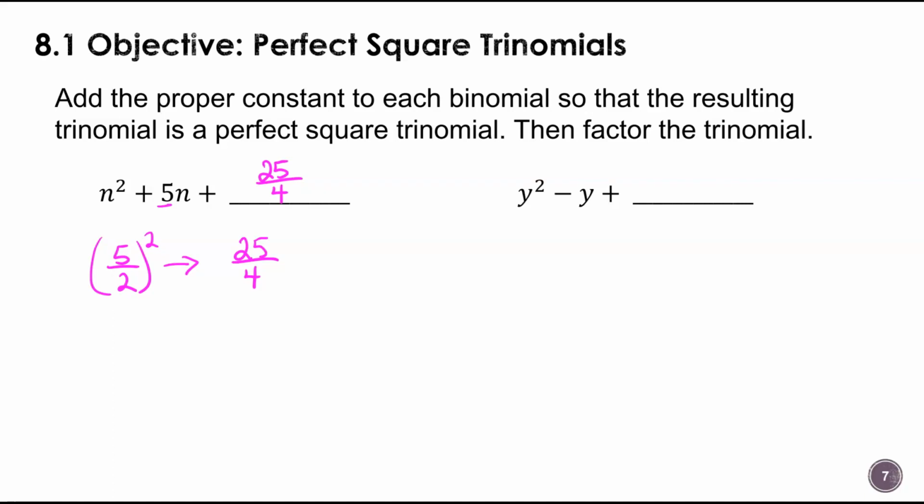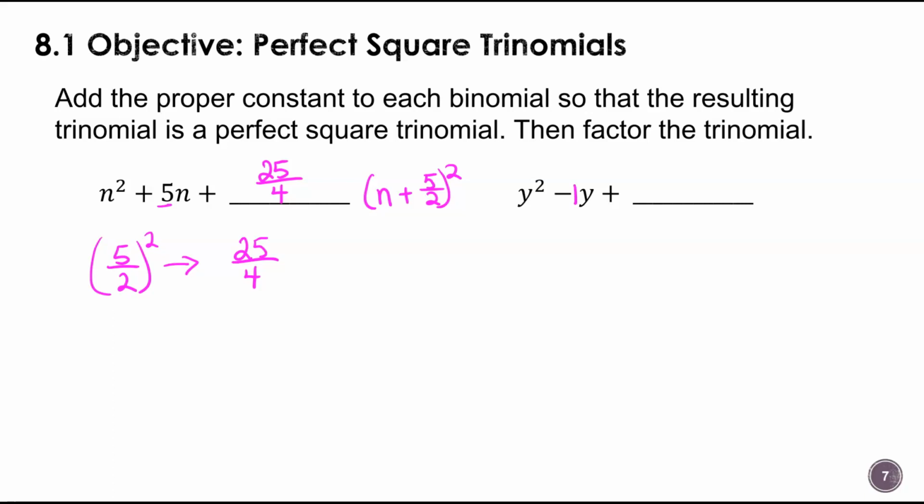You don't ever go to decimals on this because that would not work out when you are actually completing the square and solving. In factored form, this is (n + 5/2)². Remember, half of that middle term. And this always works out correctly. Now, I didn't show you that, but if you multiply these out, n + 5/2 times n + 5/2, then you'll have n² + 5n + 25/4.